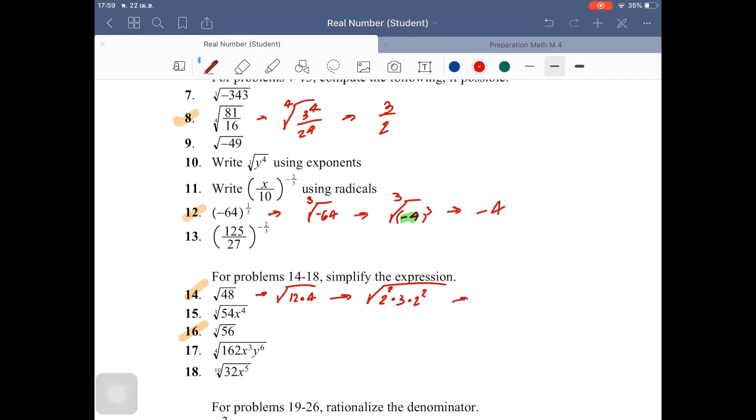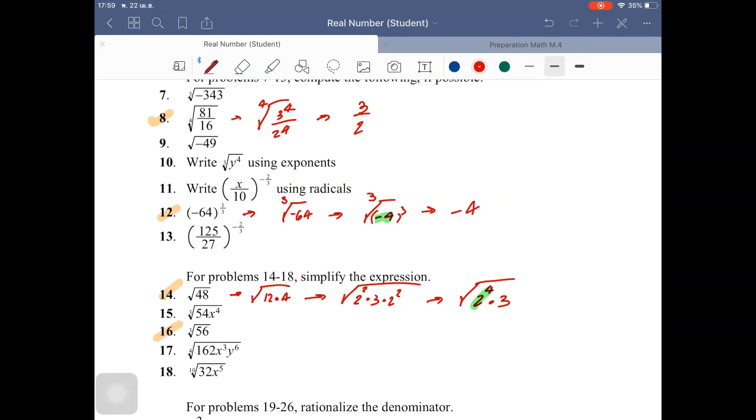So square root 48 is 2 to the power of 4 and 3. You see, we need to have 2 common numbers in order to take it out from the radical, and we have 2 for 4 times. Therefore, we can take 2 out of the radical 2 times. So the answer will be 2 to the power of 2 square root 3, which is 4 square root 3.